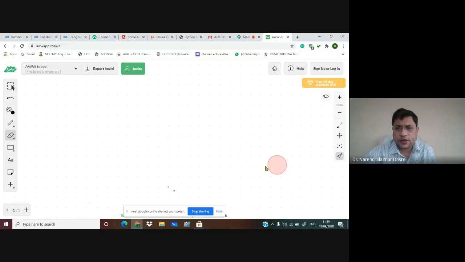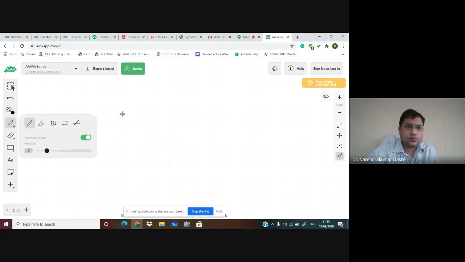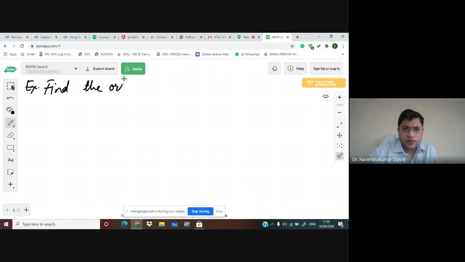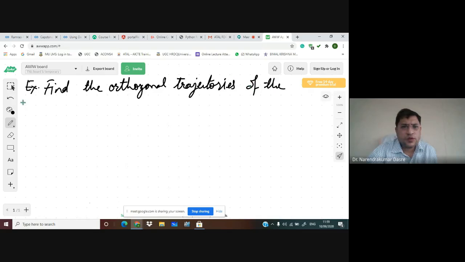Find the orthogonal trajectories of the family of curves.